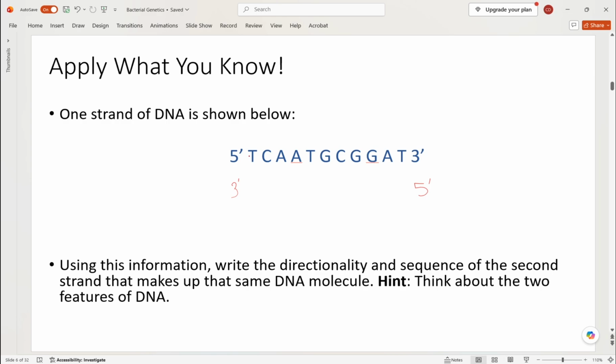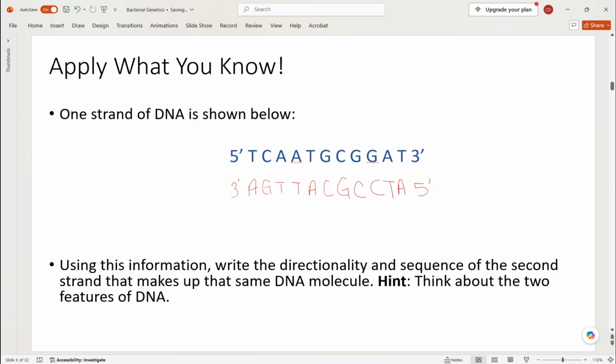So if I have thymine here, I'm going to have its buddy, adenine. If I have cytosine in my top strand, I've got to have its good friend, guanine. If I have adenine at the top, I have thymine on the bottom. Because again, base pairing rules. Thymine pairs with adenine, guanine pairs with cytosine, and I'm going to go ahead and finish this.